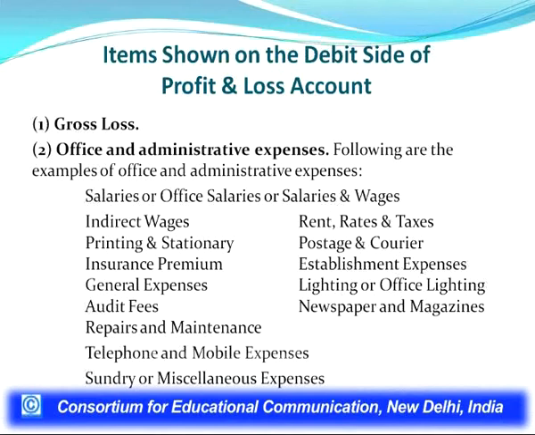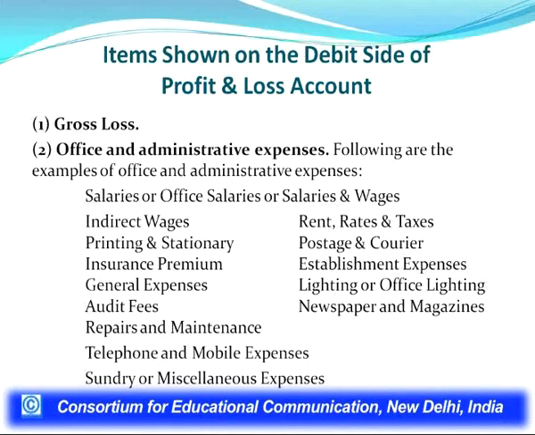Then insurance premium. Insurance premium may relate to office building, office equipments, plant, machinery. But when we are preparing manufacturing account separately, then insurance premium of factory building and plant and machinery is shown in manufacturing account.